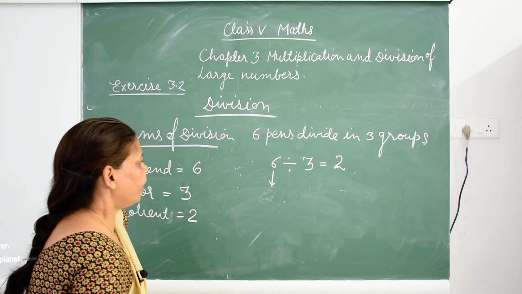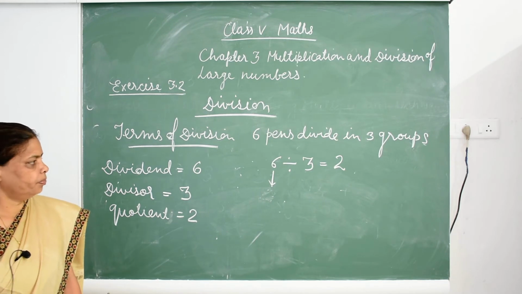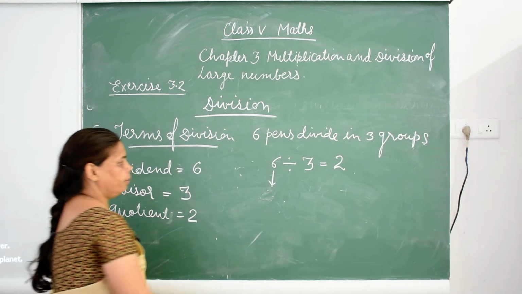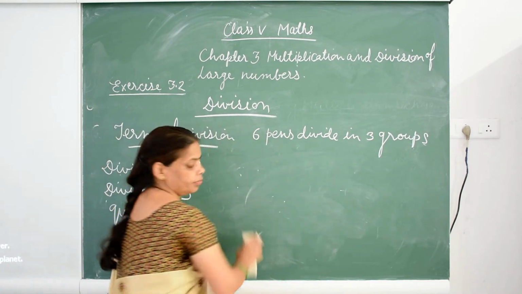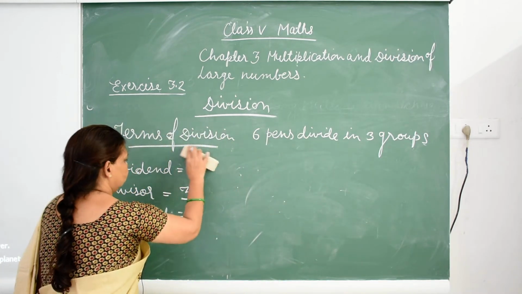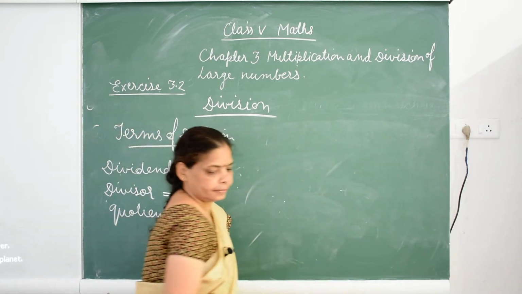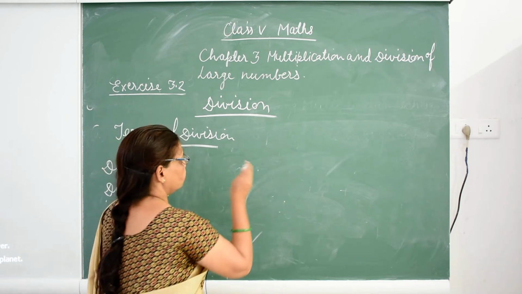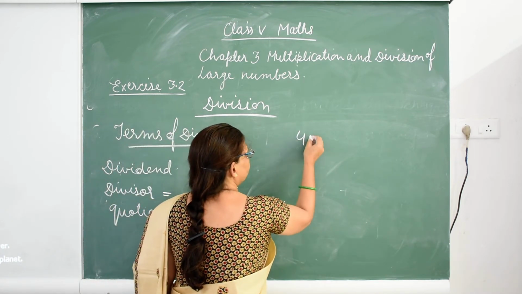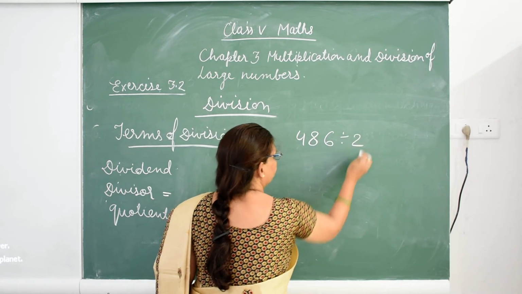And after dividing any number, the leftover number is called the remainder. For example, take another example. Divided by 2.